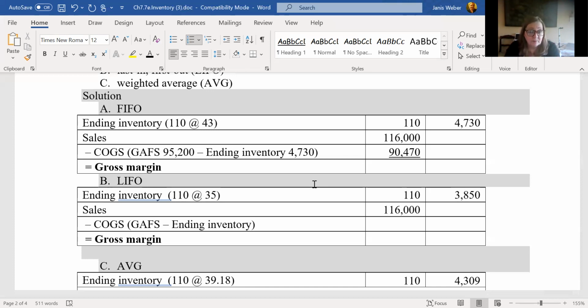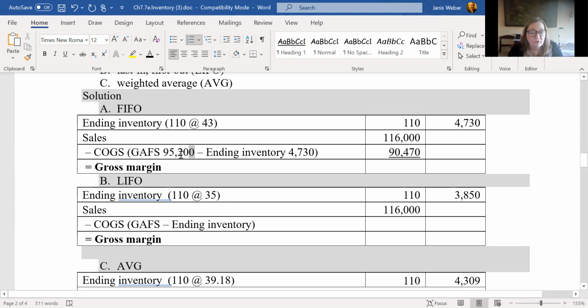You either still have them, so they're in your ending inventory, or you sold them, so they're in your cost of goods sold. So the combination of cost of goods sold and ending inventory brings you back to goods available. We know the cost of goods sold because we knew goods available and we knew ending inventory.